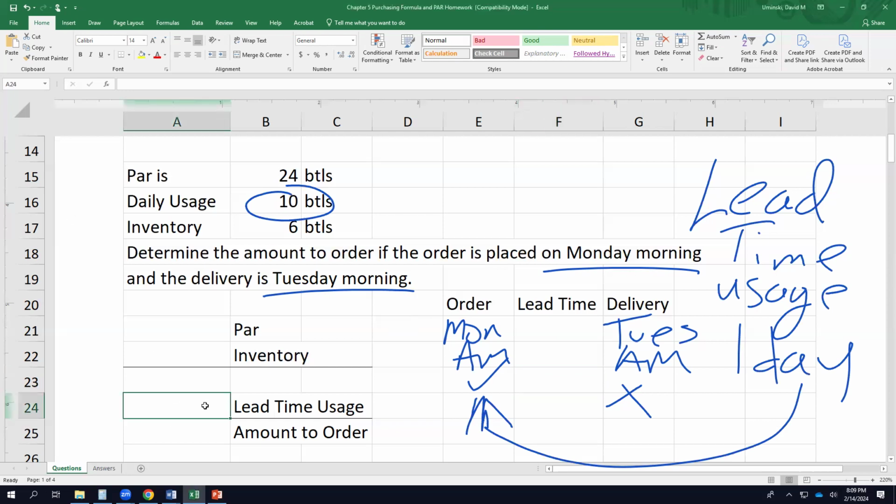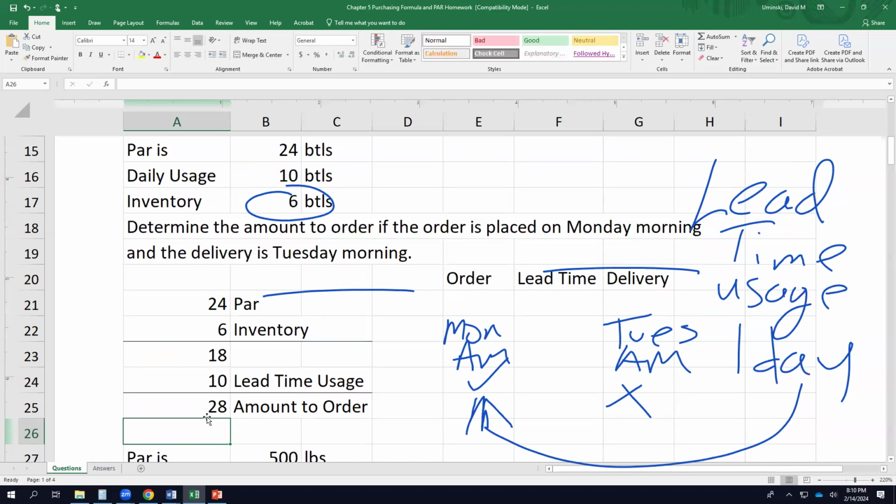So my lead time usage is 10. My par is 24. Inventory is 6. I subtract those two, what do I get? 24 minus 6 is 18. And then I add those two together to get 28. So this tells me I should order 28 bottles.